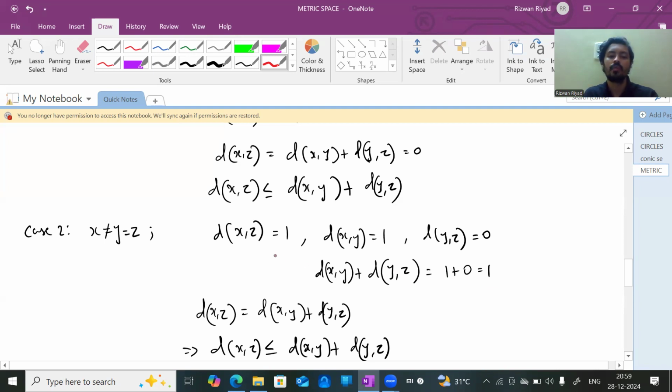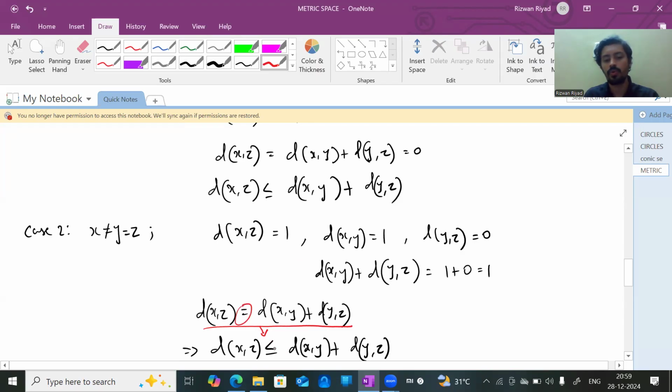What is d of xz? That is 1. What is d of xy plus d of yz? That is also 1. That means both are equal. d of xz is equal to d of xy plus d of yz. So this equality can be written in this form, less than or equal to, because equal to is also included here.